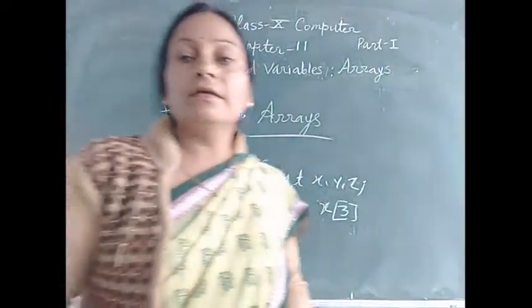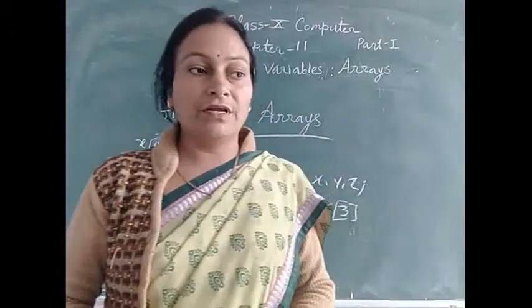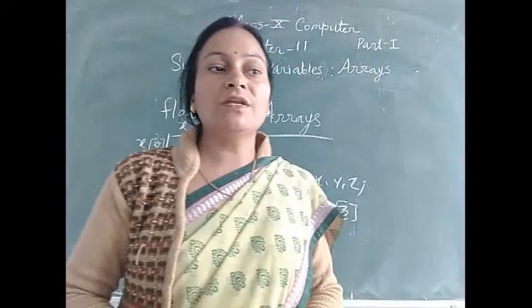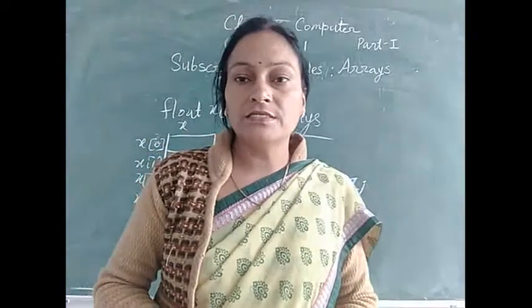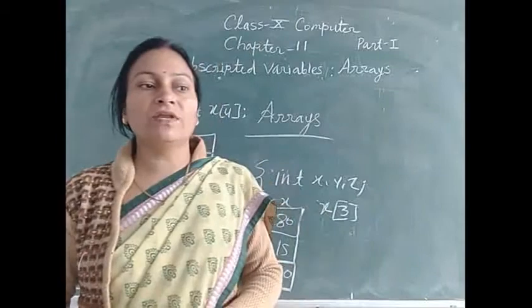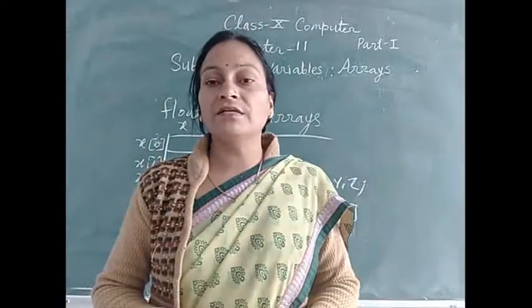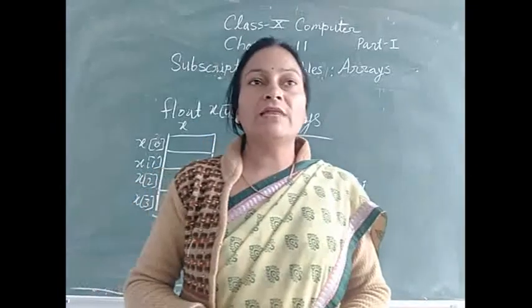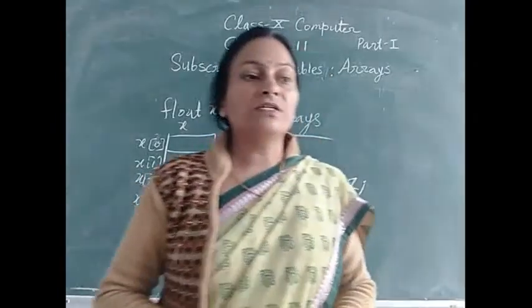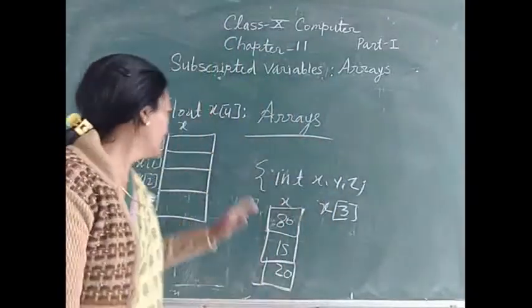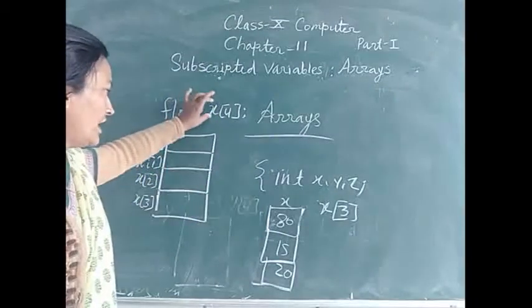So here is the term subscript. A subscript may be a numeric constant or an integer valued variable enclosed in brackets which identifies the position of a given element in the array. For example, here we write float x[4].